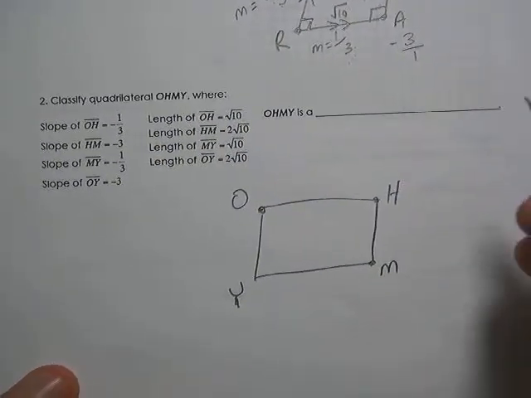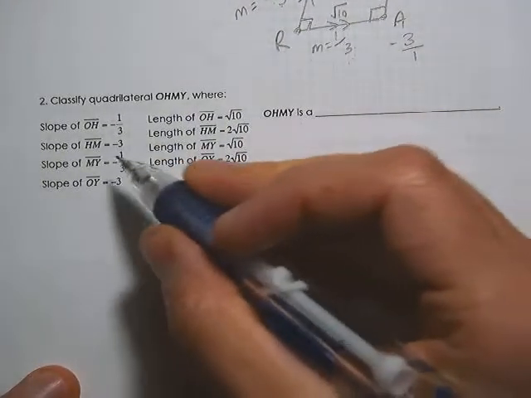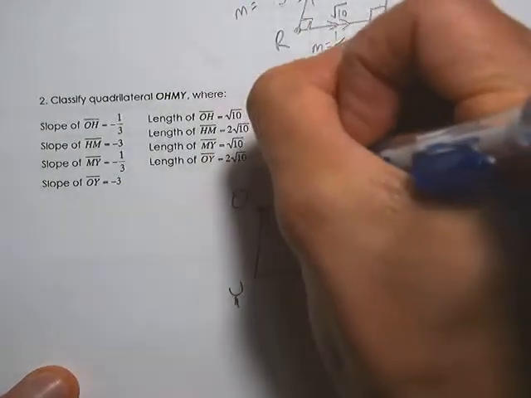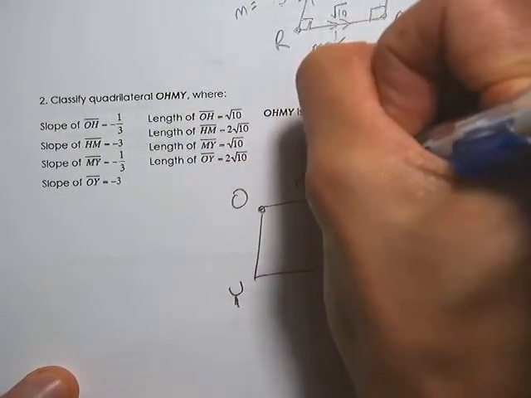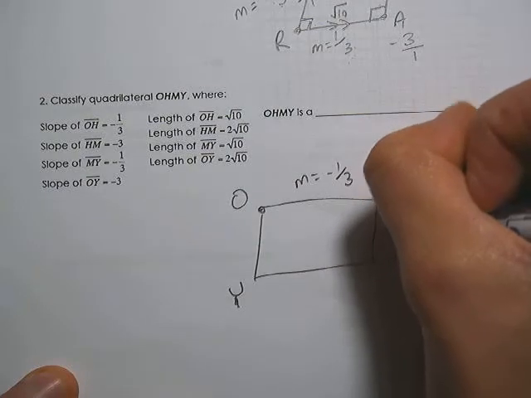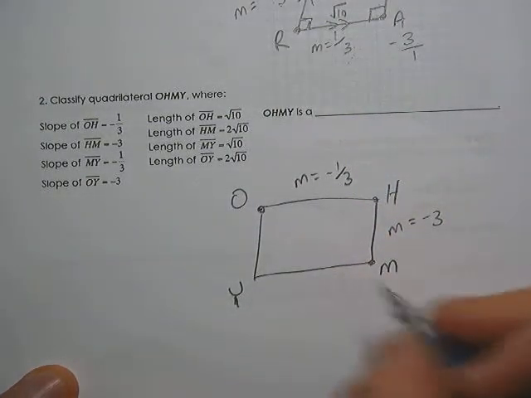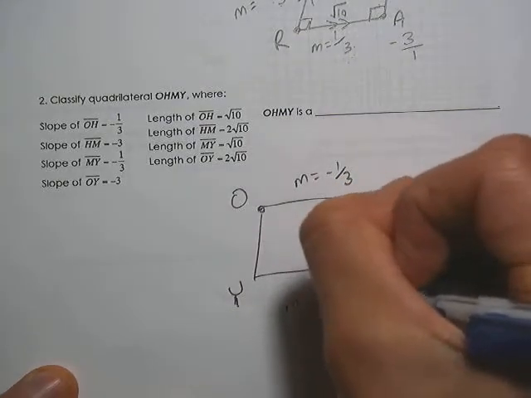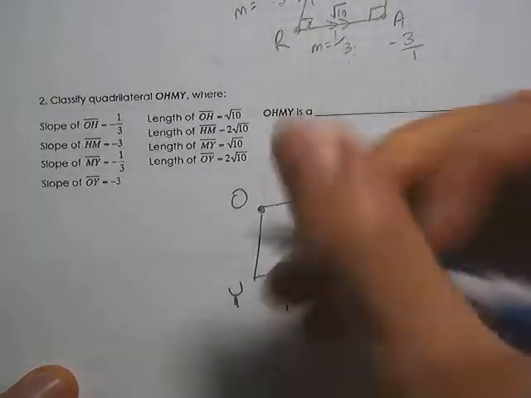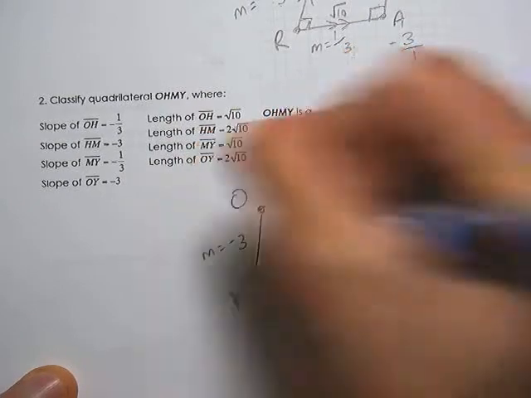All right, so again, you can start with the slopes. So the slope of OH is -1/3. The slope of HM is -3. The slope of MY is -1/3, and then the slope of OY is -3.